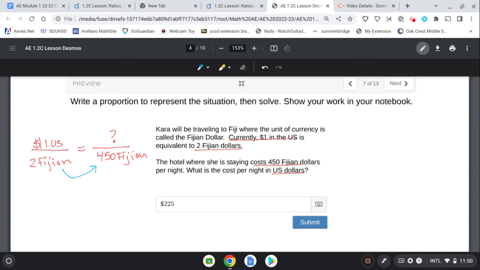So what do you multiply 2 by to get 450? That would be 225. So 1 times 225 is 225.